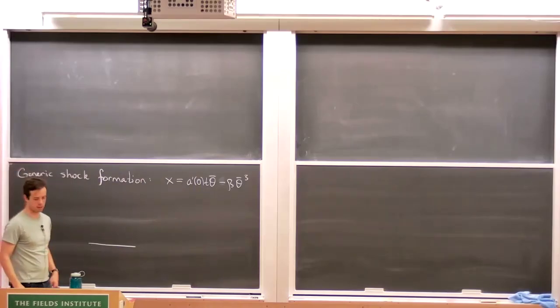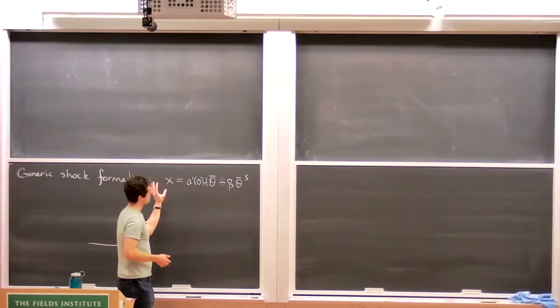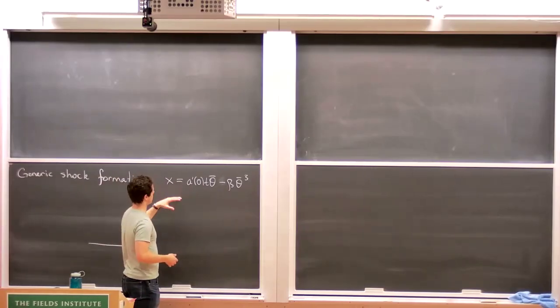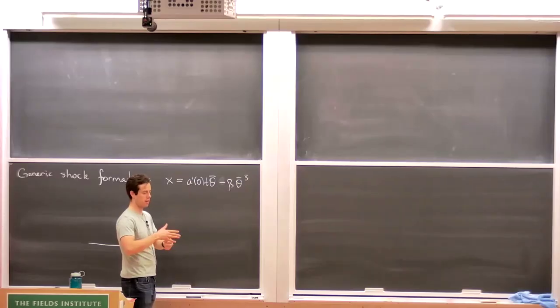I was using theta to refer to the solution of a scalar conservation law. This is satisfying an inverse cubic problem, and I want to point out some things. This is designed to form a new singularity, a gradient catastrophe at the origin in space-time.